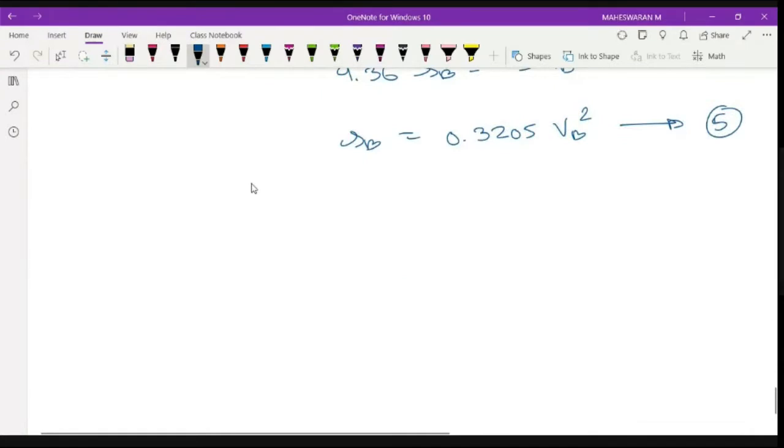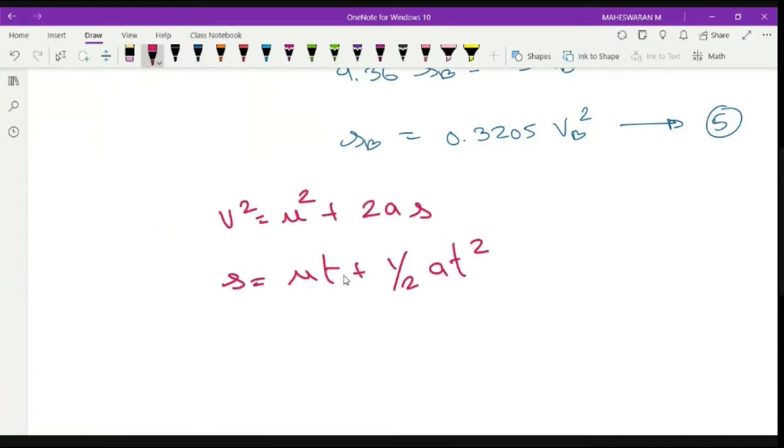Okay, so the next step, what you are going to do is you have to identify what you can do. You can substitute in the equation, right? T and all I don't know, so the only thing is I can apply in this equation, right? So second equation, first equation I can apply.